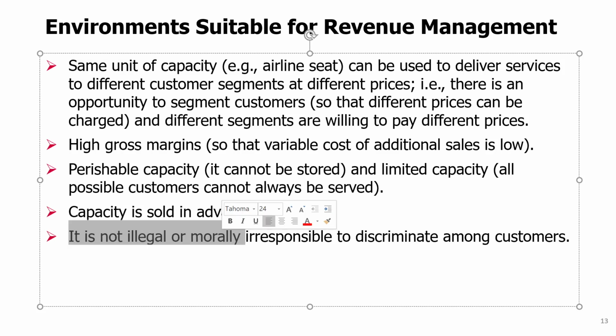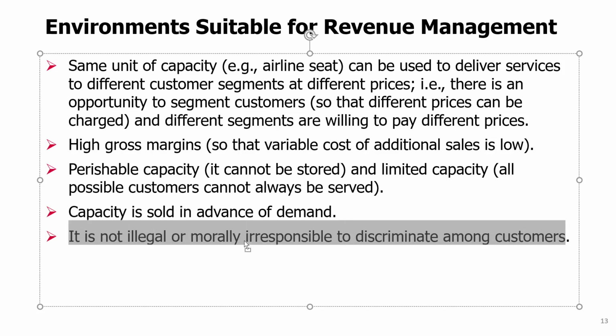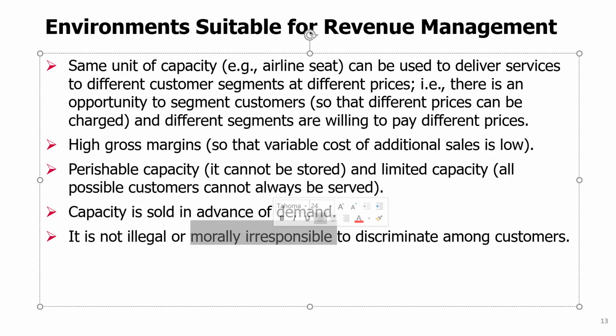And the final requirement is actually hard to define. It's somehow not illegal and also not morally irresponsible to discriminate among customers. Actually, there are many examples where companies tried to discriminate and they found out that this was opposed very vehemently by customers.